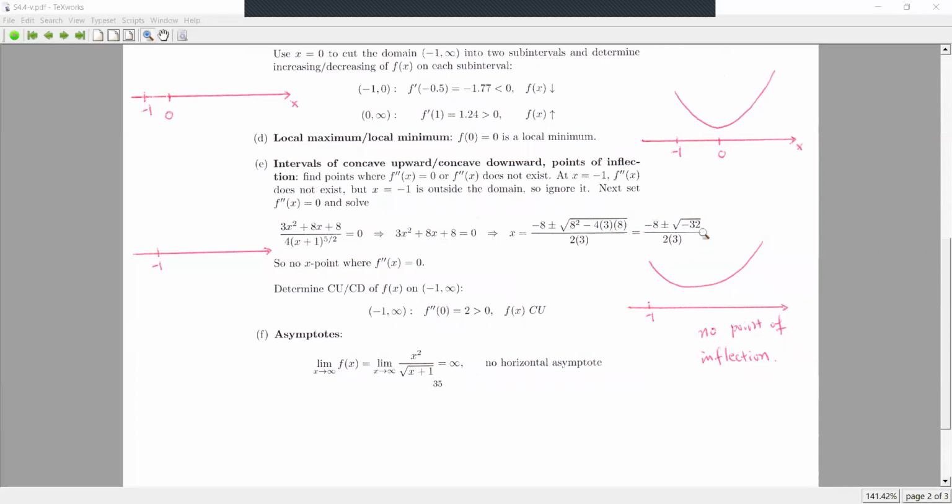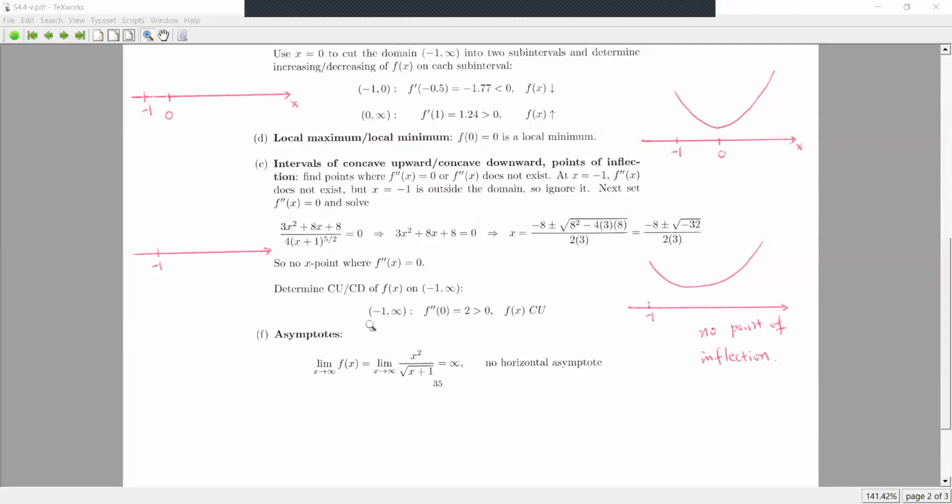Then I get this number. The square root of a negative number is a complex number. In calculus 1, actually calculus 1 to 3, we only consider real numbers. So that means no x where the second derivative is 0. Now, no point to cut the domain, so only one interval.